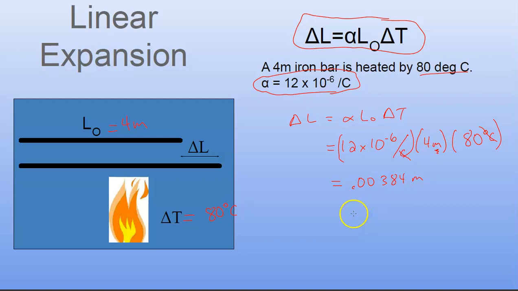If I wanted to find the new length of the rod, let's call that L prime maybe. That would be L naught plus delta L, and I had 4 meters plus 0.00384 meters.